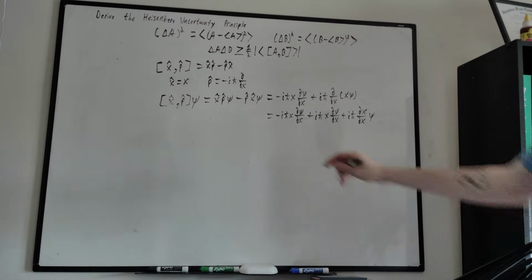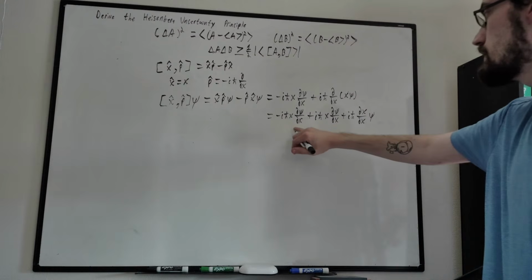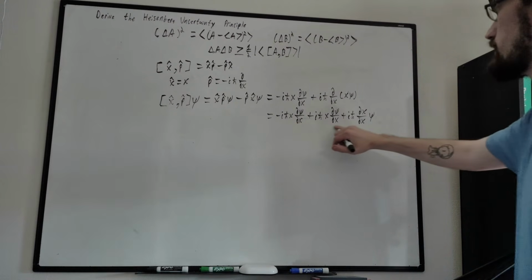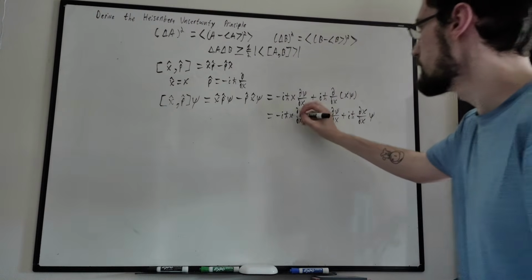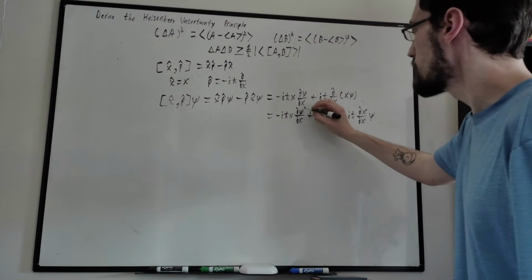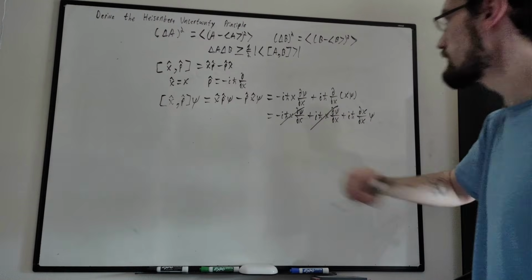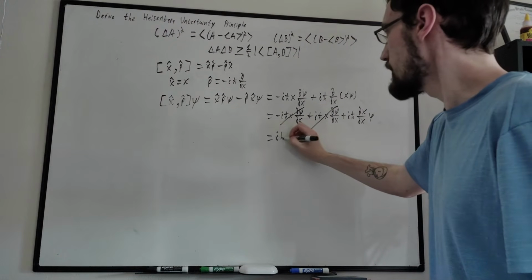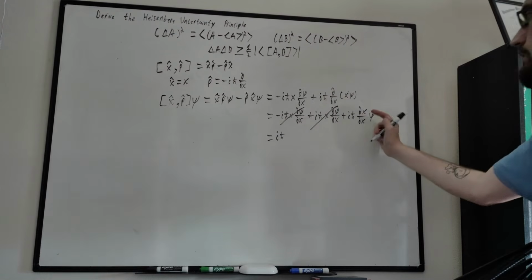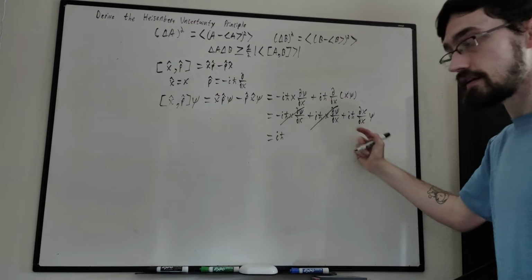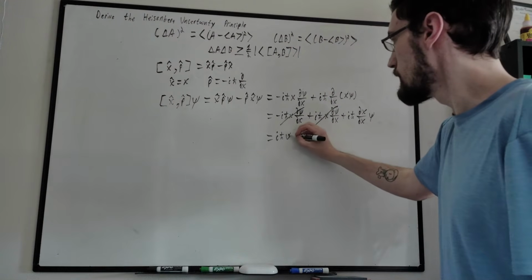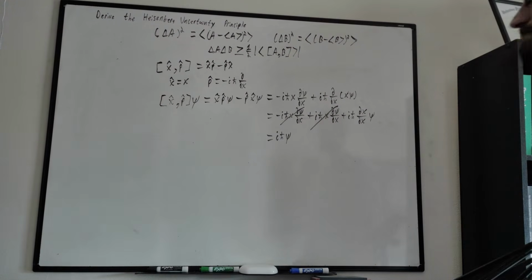Well, this is really nice because we have minus a quantity, or minus this product of terms here, plus the same product of terms here. And so these cancel out, those go to 0, and what we're left with is i times h bar with the partial derivative of x with respect to x. Well, that's just equal to 1, so we have i times h bar times psi.